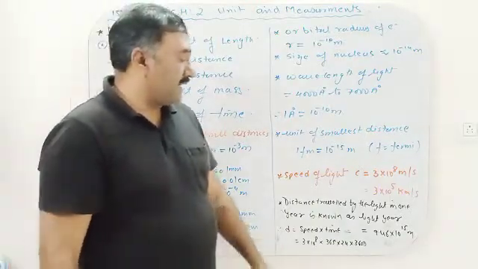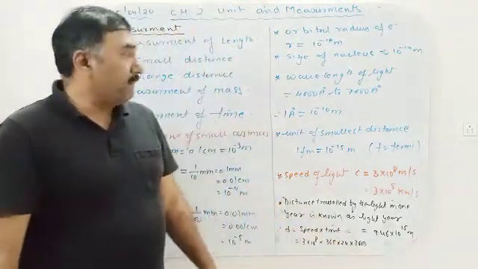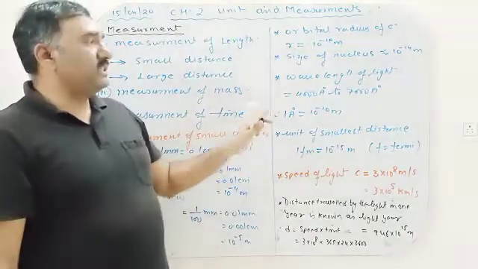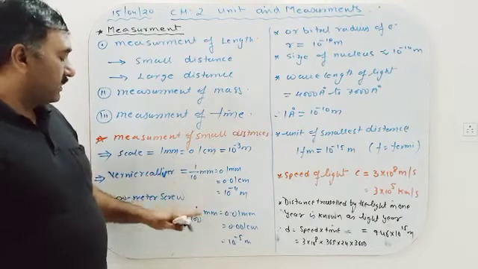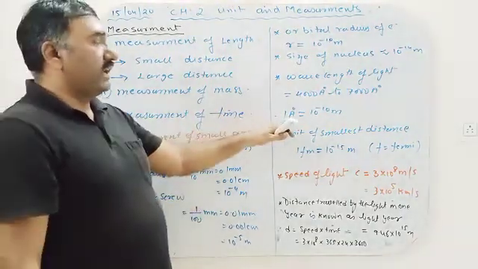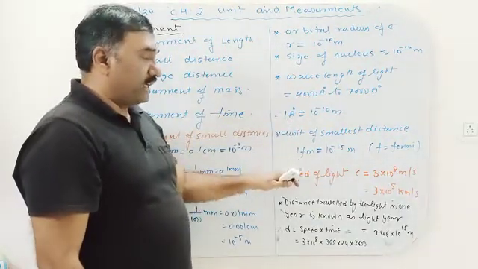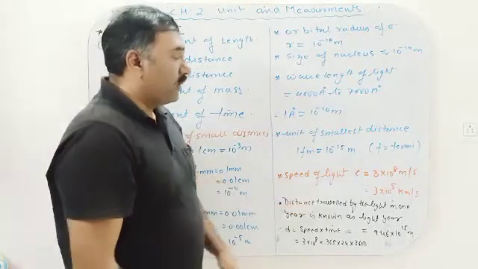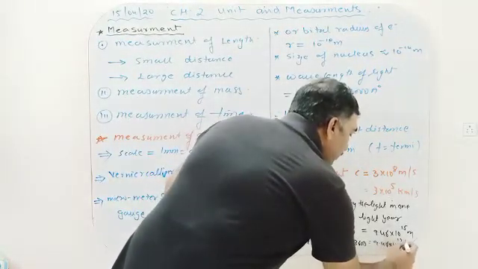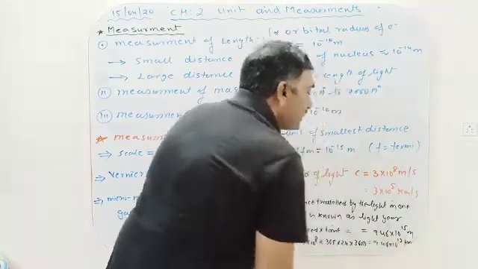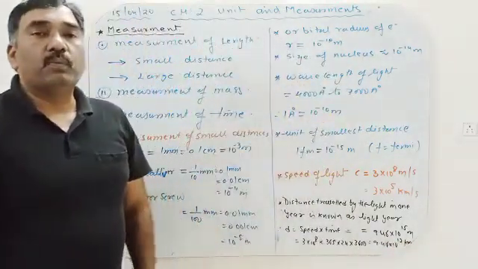Okay, so this is the informative part: how much are a micrometer, a vernier, 1 Angstrom, 1 Fermi meter, and what is the speed of light? And in kilometers, it is 9.46 into 10 raised to power 12 kilometer. This much is the distance traveled by light in 1 year.